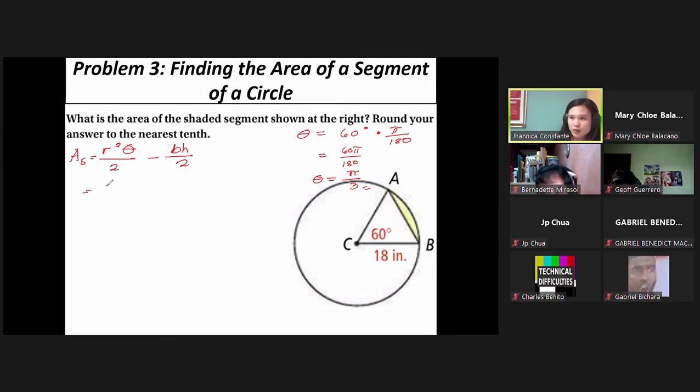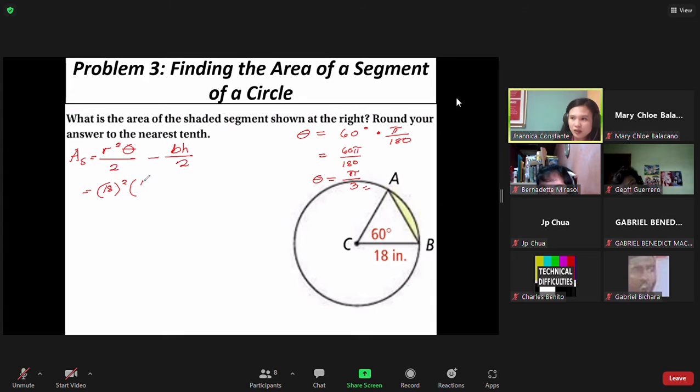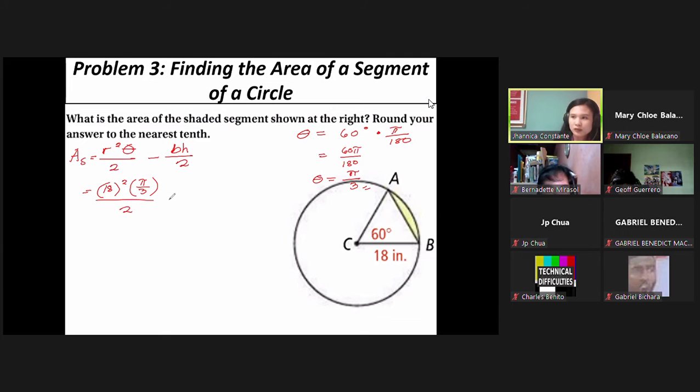So radius, we have 18 inches squared times the angle in radian form, which is pi radian over 3, divided by 2, minus the base of the triangle, which is 18, multiplied by the height divided by 2.